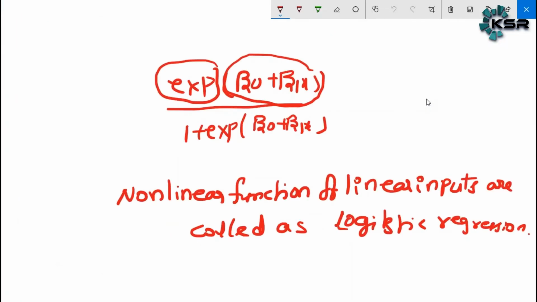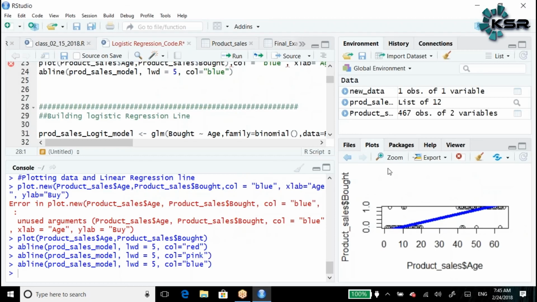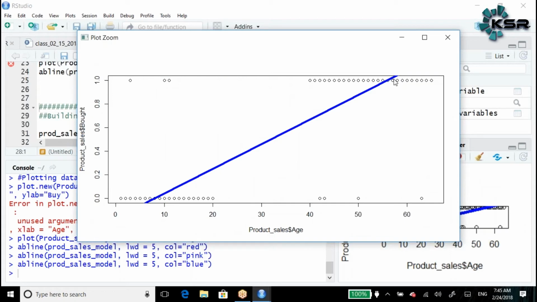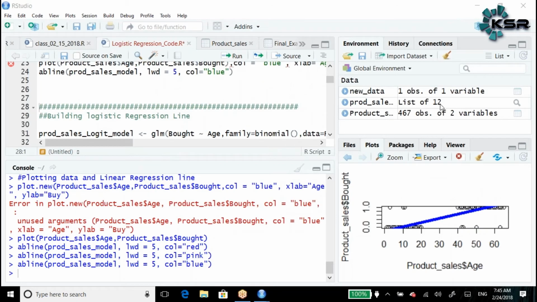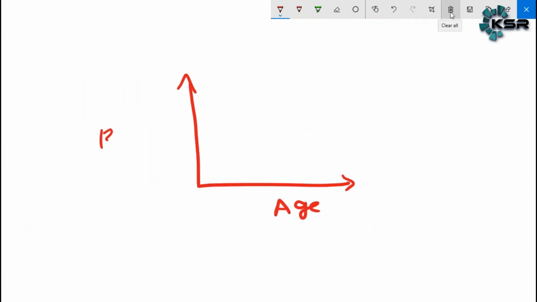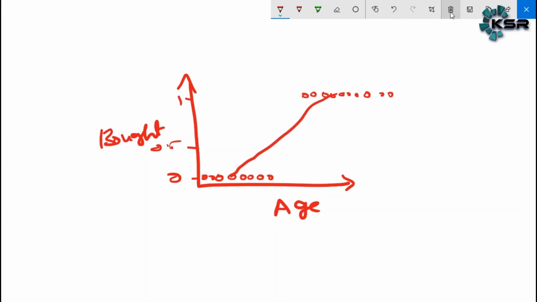The reason is that when we look at the graph for logistic, it is an S-shaped curve. Let me explain the graph again. Here your age variable is on the x-axis, as in the example we took. The y-axis has only two levels, 0 and 1, with 0.5 in between. If we build a linear regression, it will draw a line, and it will not stay within the ideal range.